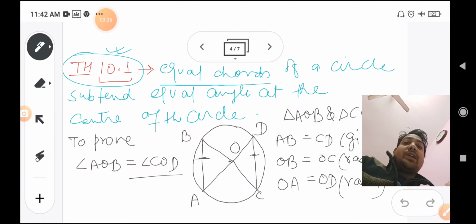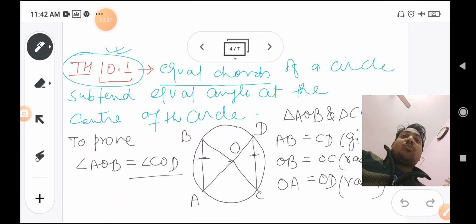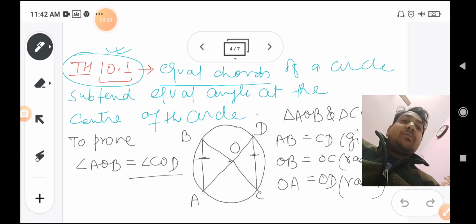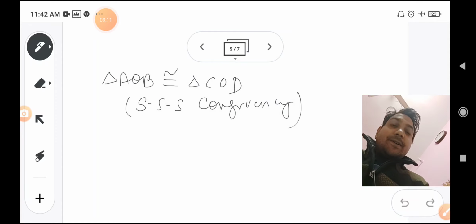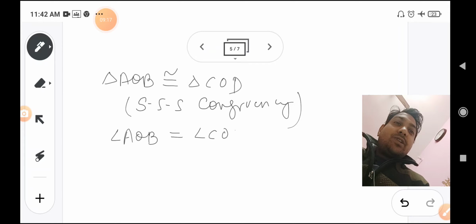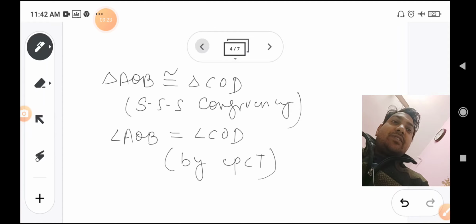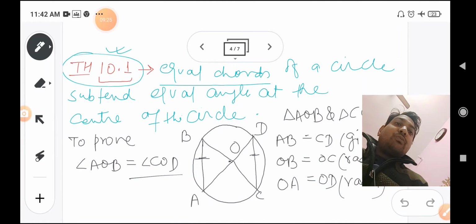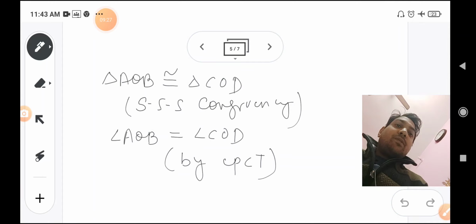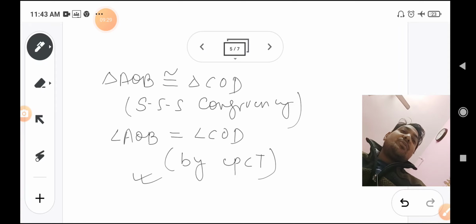That if two triangles are congruent, then their corresponding parts are also equal. Means what? Angle AOB will also be equal to angle COD by CPCT, and this is the result which we need to prove, right? So we have proved this result, angle AOB equal to angle COD, by using congruency.